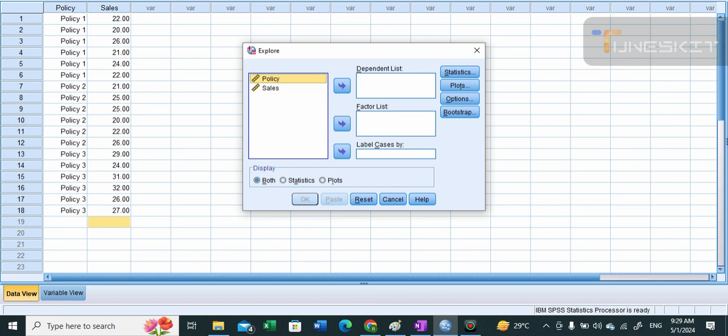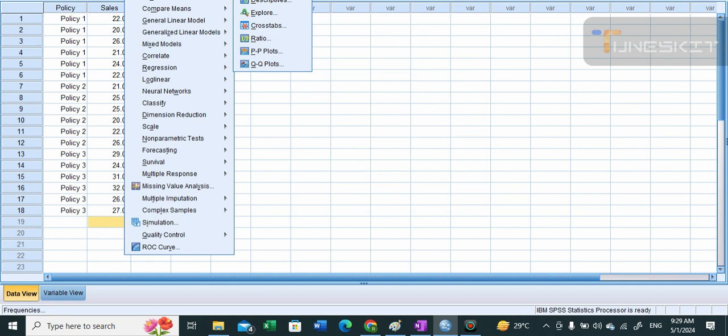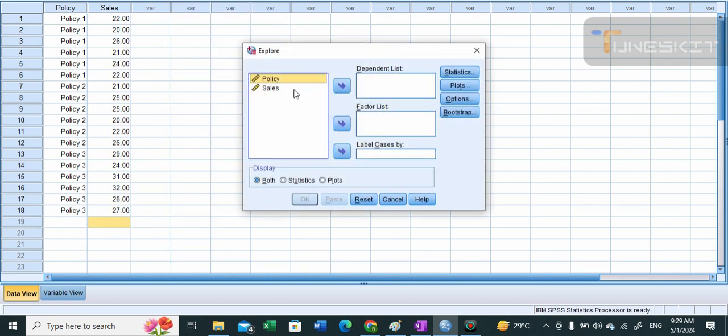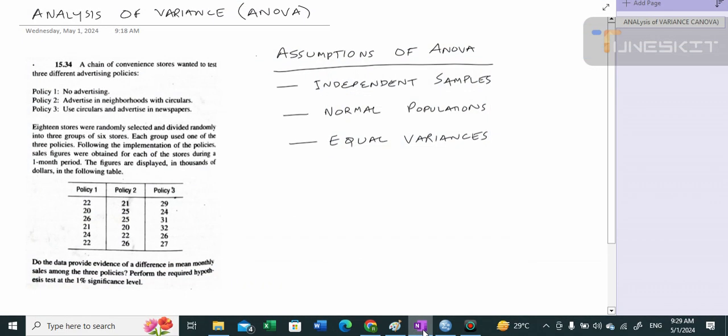And this is how I've used the path: Analyze, Descriptive Statistics, and Explore. Now we take sales as the dependent list variable, policy as the factor list variable, and what we need to go for is the normality test side by side for all three groups, so that the second assumption, normal populations, which is as important as the first, we can assess.